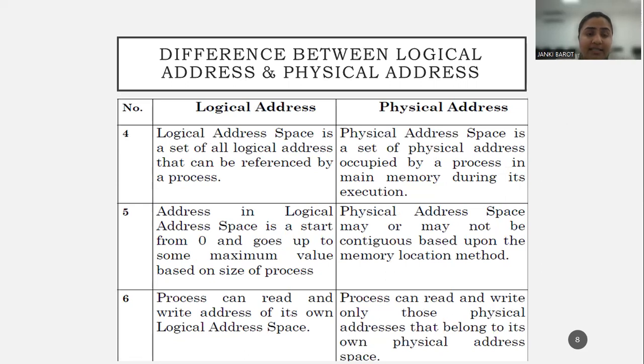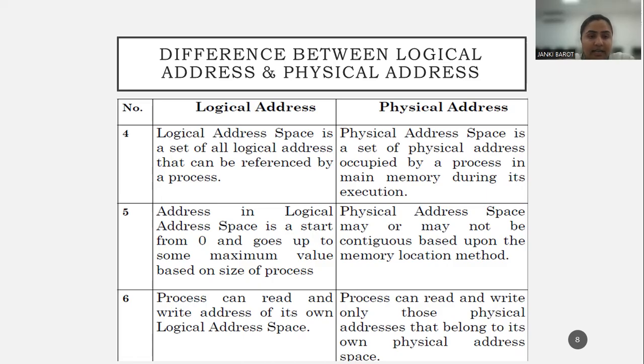Logical address space is a set of all logical addresses referred to by the process only, whereas physical address space is a set of physical addresses occupied by a process in main memory during the execution time.